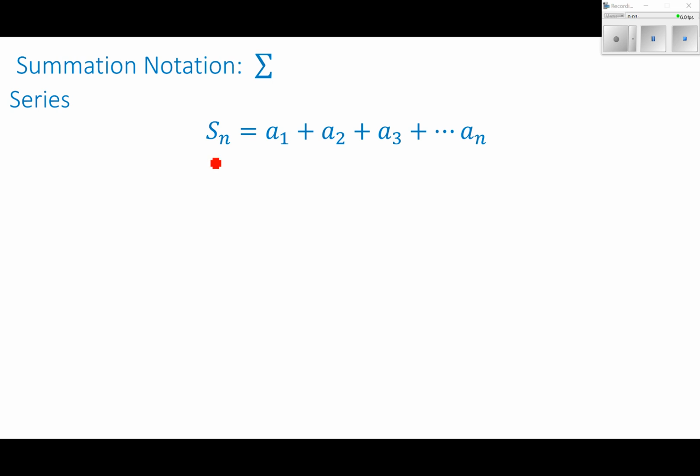If I had s sub 5, it would only go out to a sub 5. But if I had s sub 100, it would go all the way out to a sub 100. Now we can represent this with our summation notation. This big sigma tells me I'm going to sum all of my terms out to some value n.